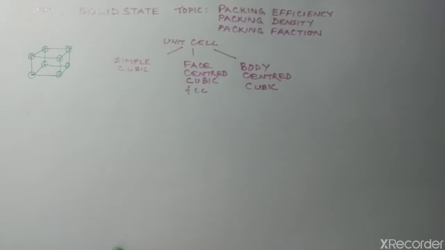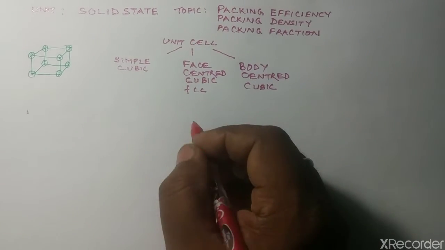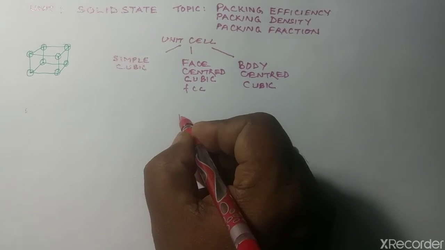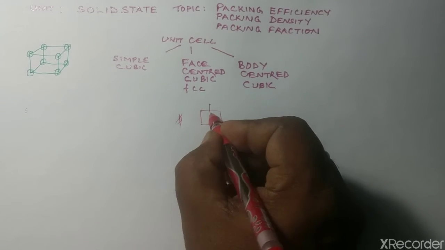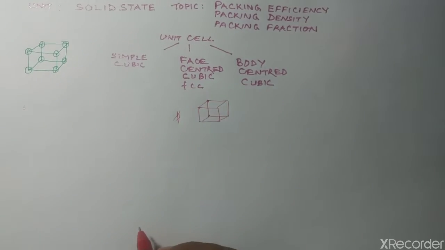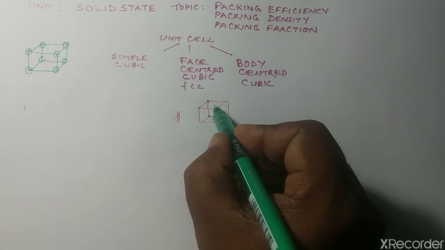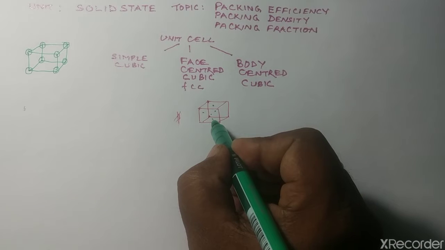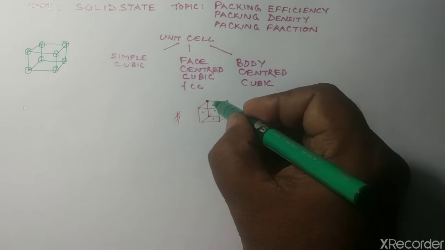This we know. In face centered cubic, the atoms are at the corners as well as at the faces of it: 1, 2, 3, 4, 5 and 6, as well as at the corners also.